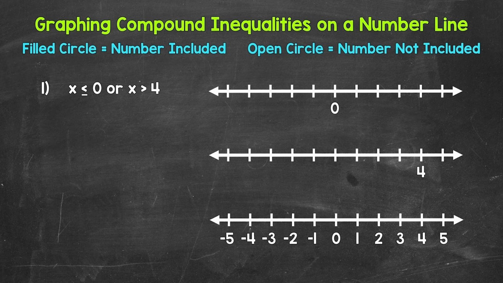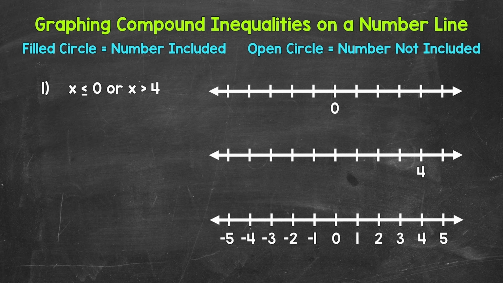So basically, this must be true, or that must be true. Now let's graph this compound inequality on a number line to give us a nice visual representation. And we're actually going to break this down into two graphs first in order to better understand what we're working with here. Then we will combine everything into one.